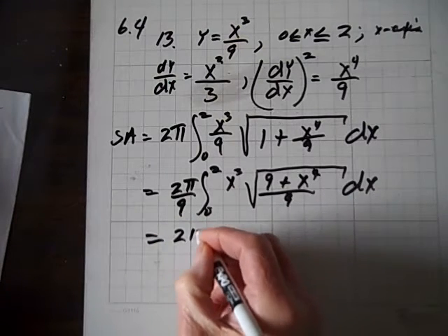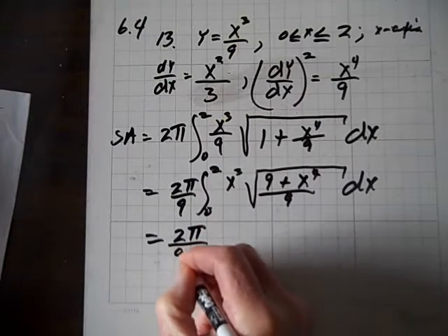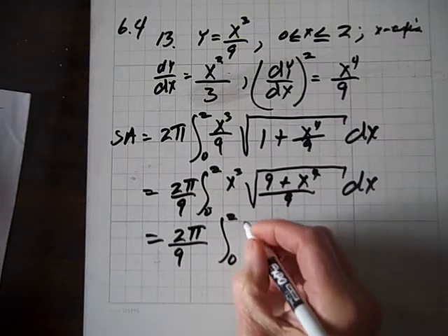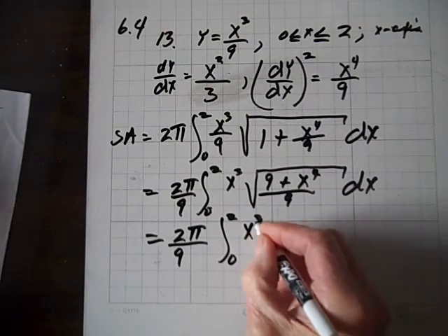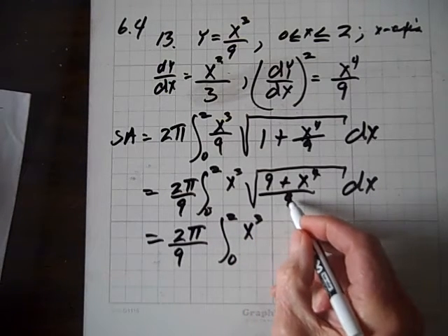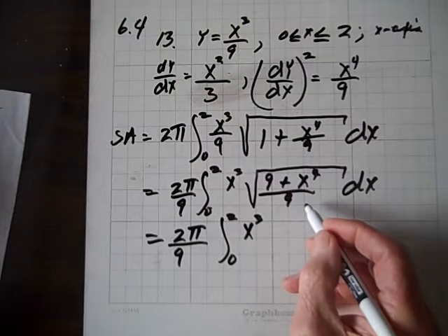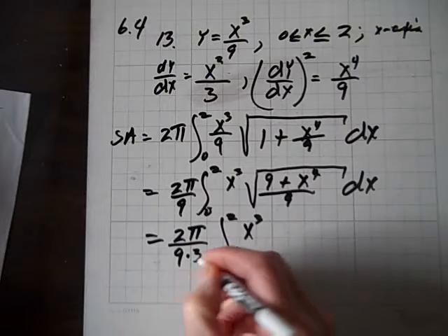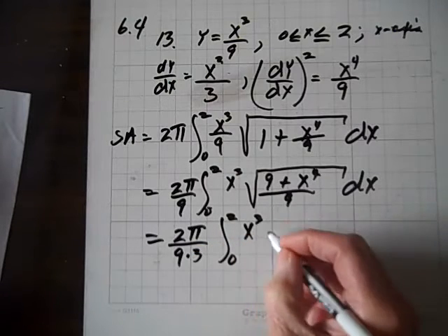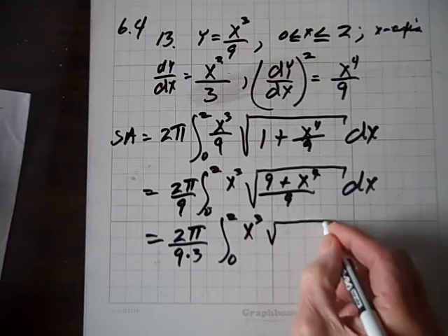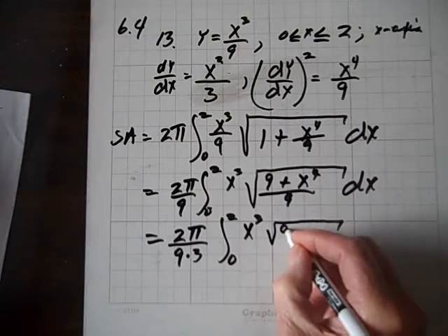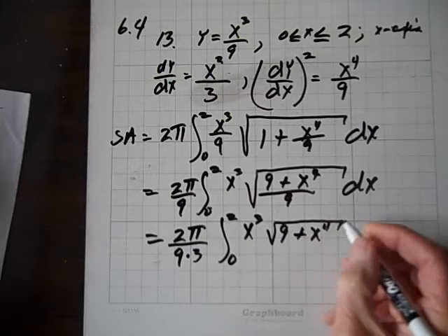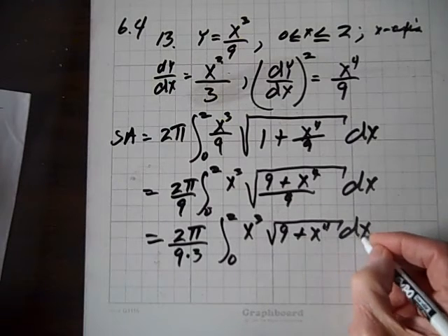So 2 pi over 9 integral 0 to 2 x cubed. And I'm going to take the square root of that denominator and get it out from under the radicals. Square root of that is 3. I'm going to put that 3 as a factor in this denominator out here. And what we have is the square root of 9 plus x to the 4th dx.